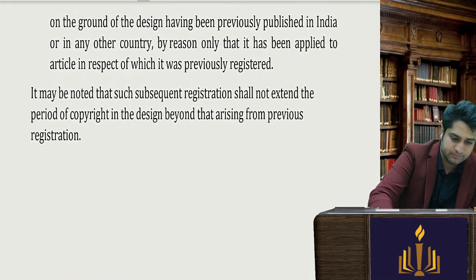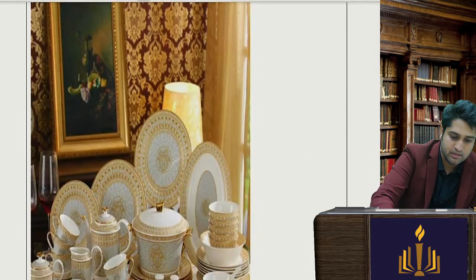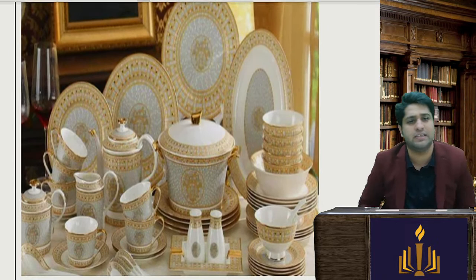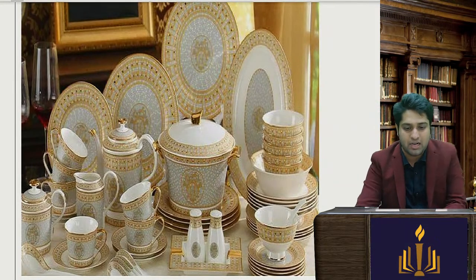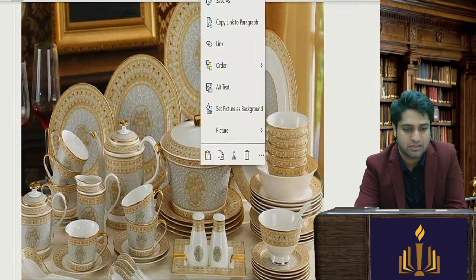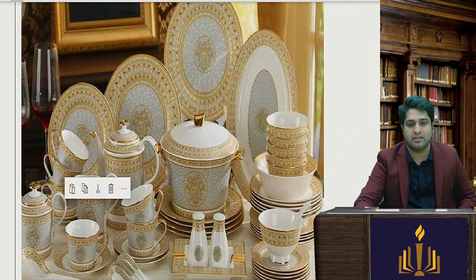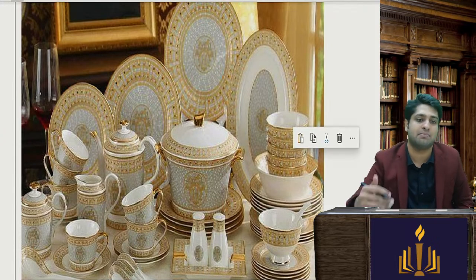So let's see. Let's say you have this crockery, kitchenware articles. You see they all have the same pattern or design. Let's say I am the designer. I have got this design in my name.